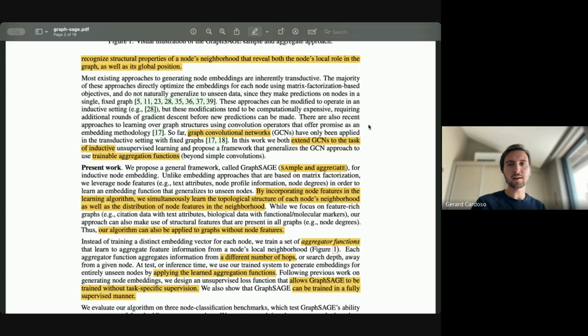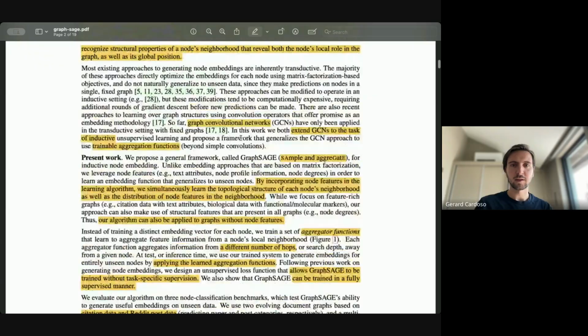And the second is, instead of learning embeddings directly, let's learn functions to create embeddings. It's much more efficient to learn those functions, and then we can apply those functions to unseen nodes. And this is what they call GraphSAGE.